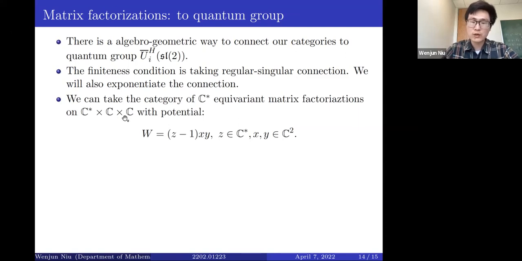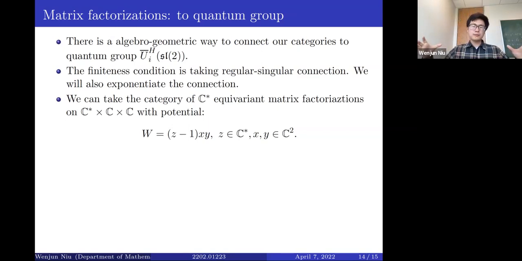the category of equivariant matrix factorizations, now not on a big infinite dimensional space, but on a nice finite dimensional space. So I have C star times C, and there is a potential that looks like Z minus 1 times XY. The C star only acts on X and Y with opposite charge.